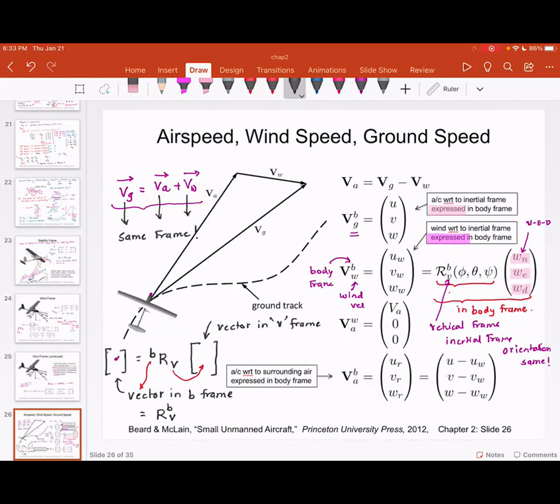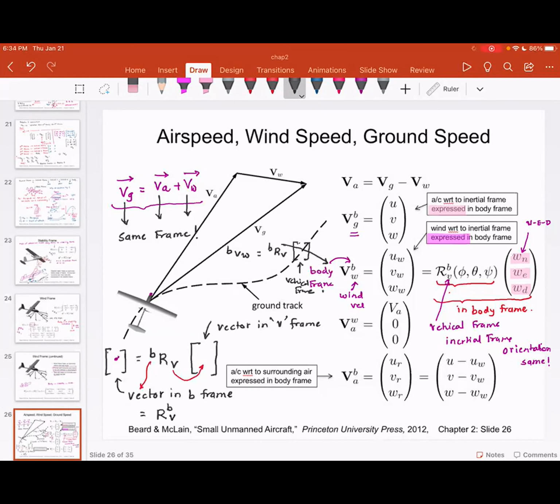That's why this expression here is B V W, that is B R V times V, the velocities in the vehicle frame. So this expression is super duper important.